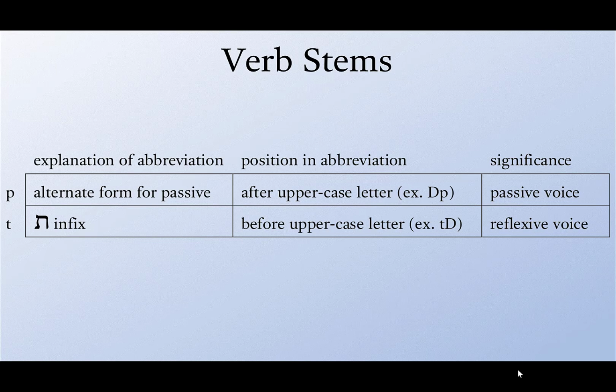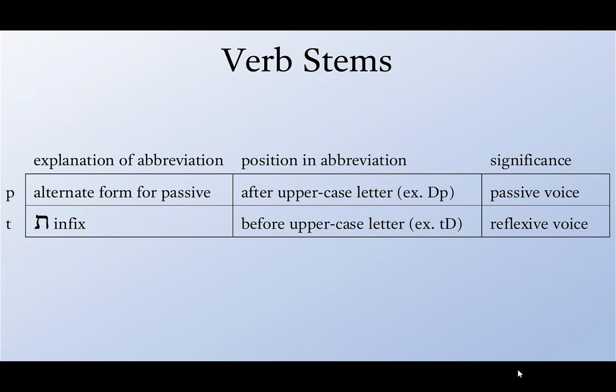DP. D by itself in Hebrew would have been Piel. DP is Pual. Okay? So that's just what that little P is making us know: it's passive voice. And T is often placed before the capital stem letter in order to represent a tav infix, which is expressing reflexive voice.